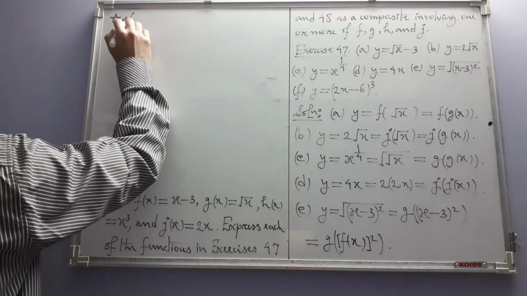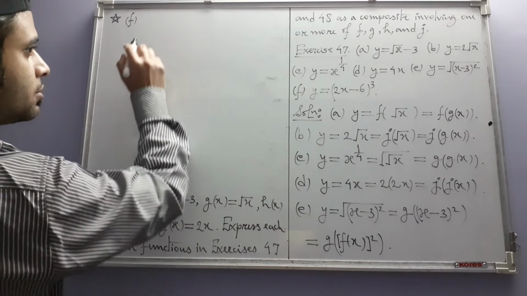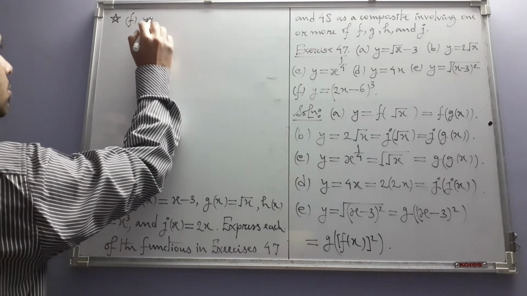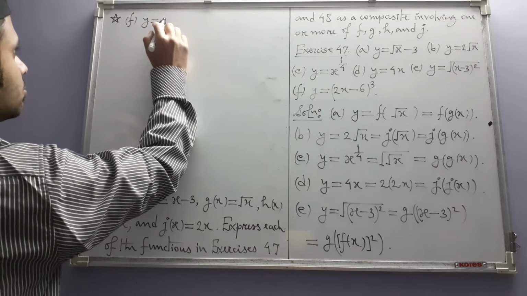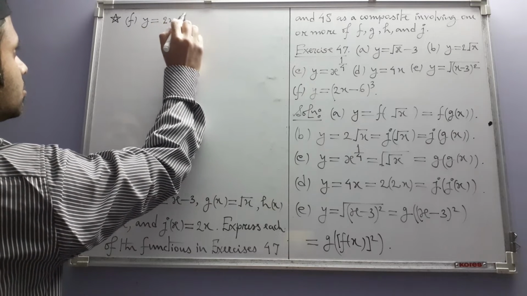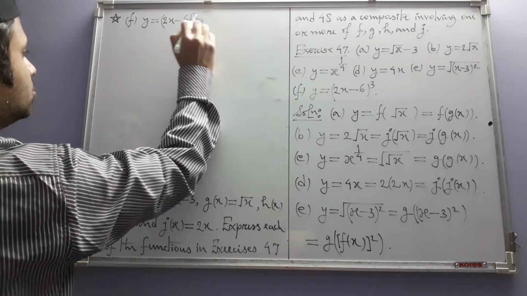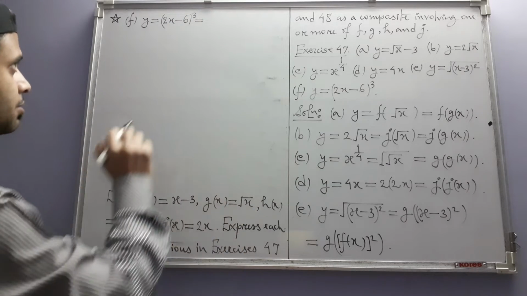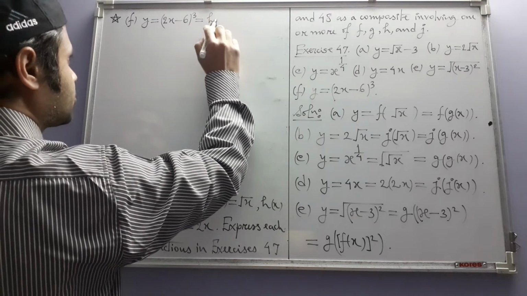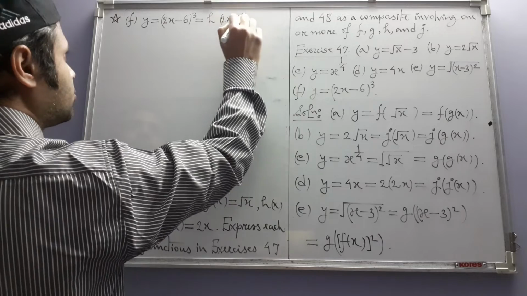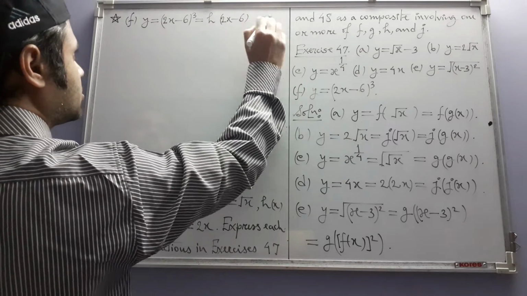And then finally f. y equal to 2x minus 6 whole cube. Since we have cube, that means h will be the outermost function, h of 2x minus 6.